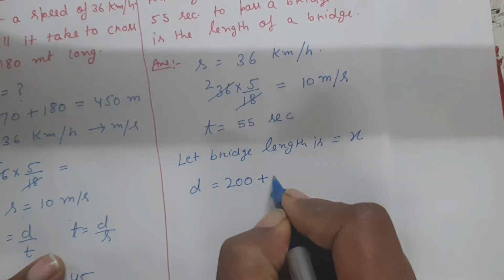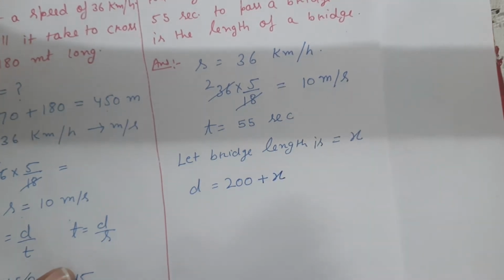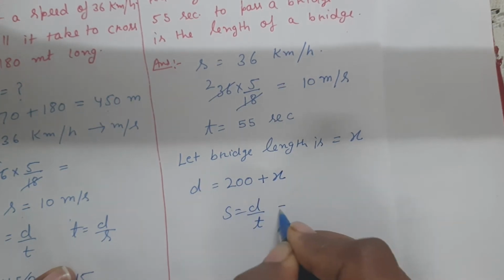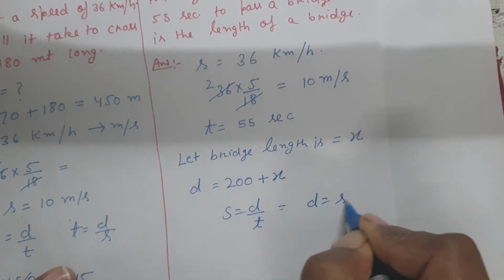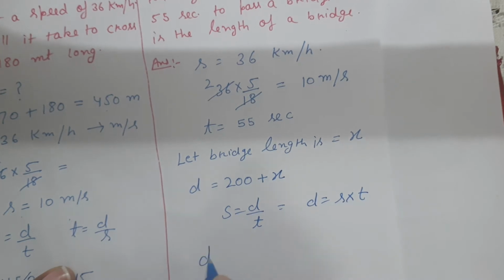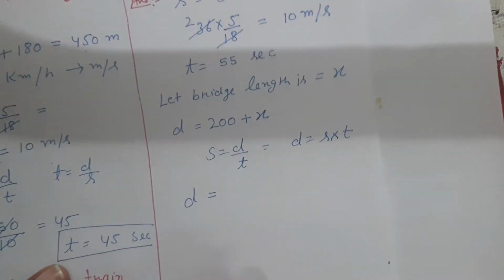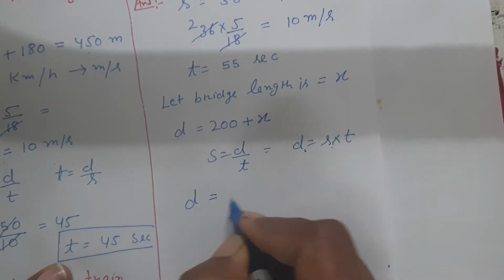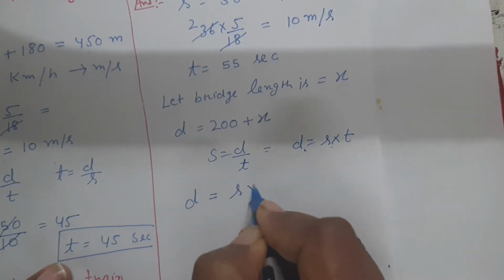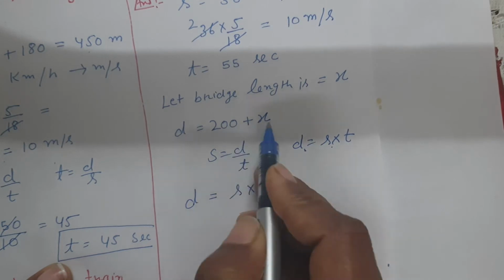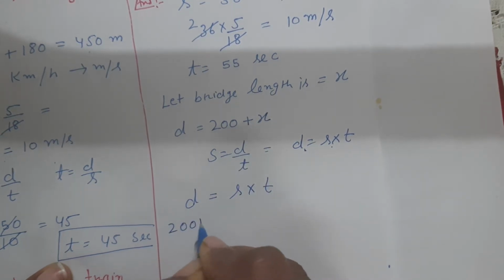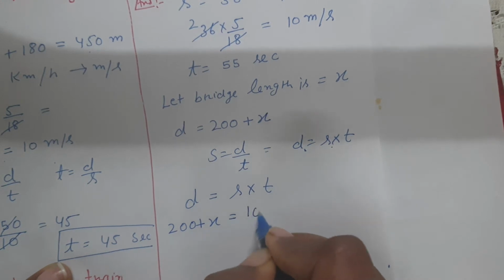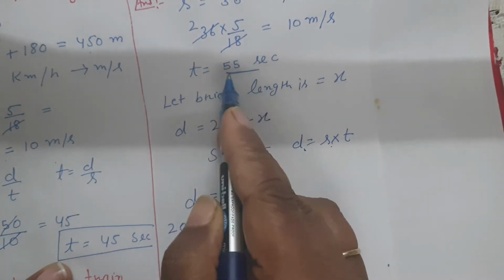So 200 plus x. And now, S equals D upon T. So D is equal to S into T. So apply the formula. D, 200 plus x, equals speed 10 and T is 55 seconds.